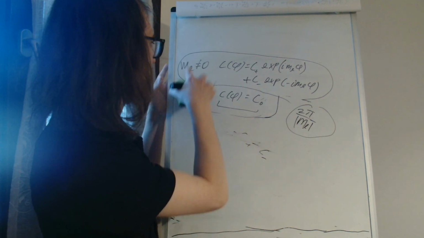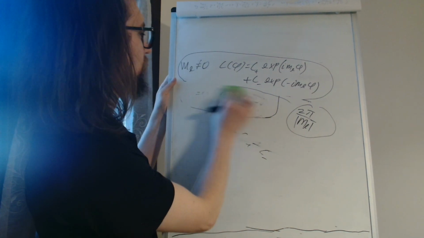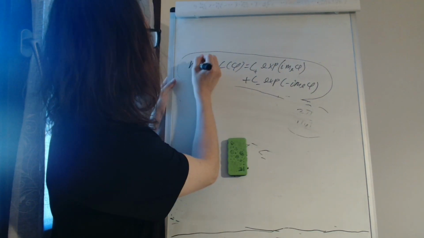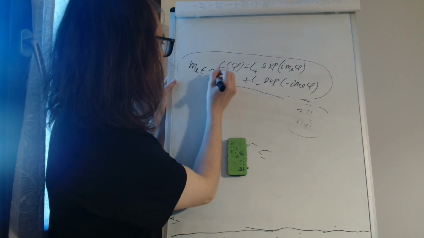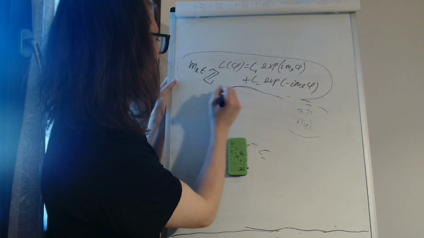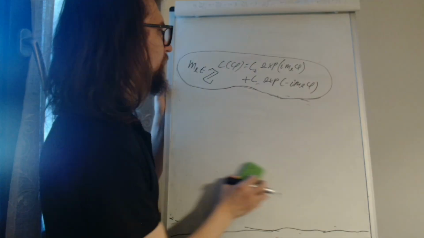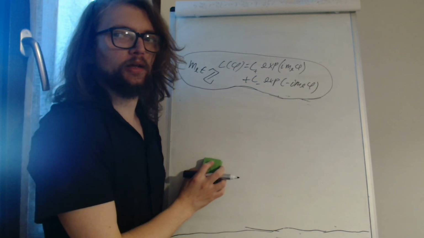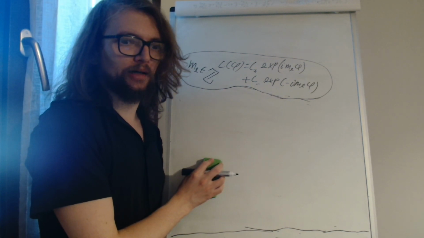So we have this general solution with ml an integer number. So this is our general solution for the azimuthal part.